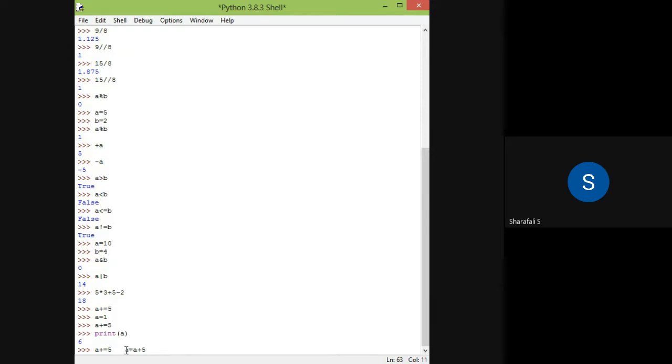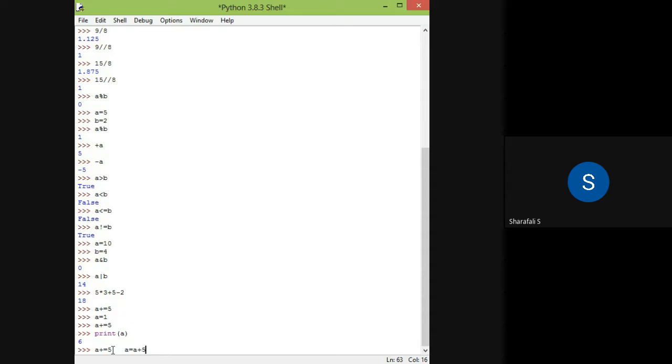So here I am using a equal to a plus 5. Now this is my a value, that is a equal to 1, that will be added with 5, and that final value will be assigned to a again. So initially my a value is 1, that is added with 5, and the total value is again assigned to a. So this is the operation a equal to a plus 5, right?